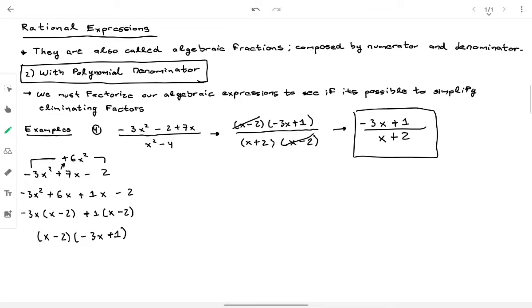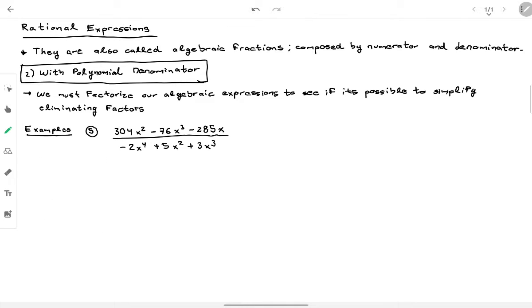Let's see another example. In this exercise, the first thing we can do is take out a common factor on both the numerator and denominator. On the first one, we can take out a 19. Those numbers, all of them are divisible by 19. And all of them have x.